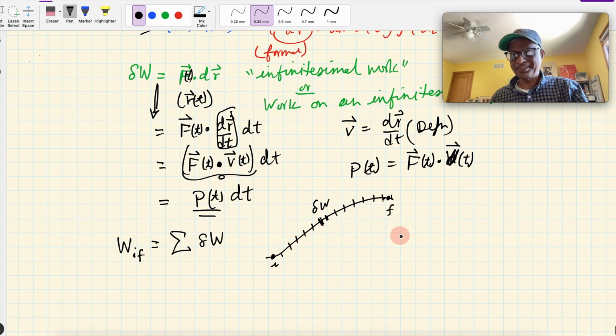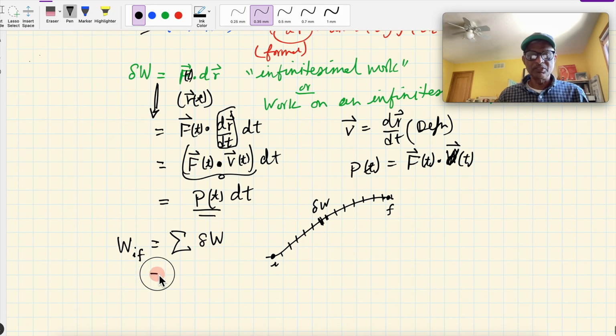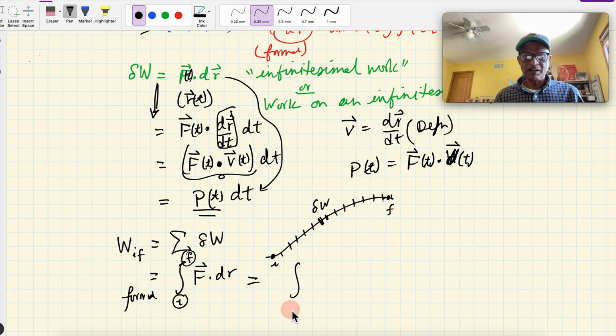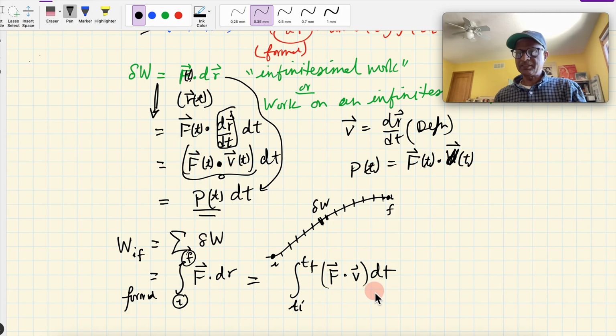Of course, this is the classic definition. So formally, the definition will be to take this integral of F dot dr and go from something called I to something called F. Of course, you can go through this thing and say, oh, this is the same thing as the integral from ti to tf of F dot v dt. You can do it the same way, okay?